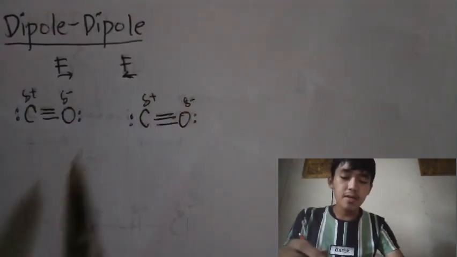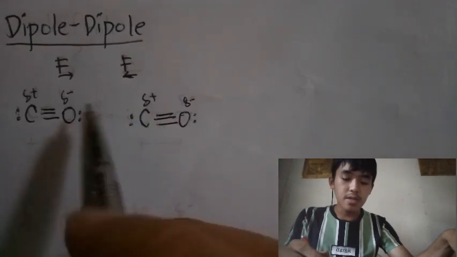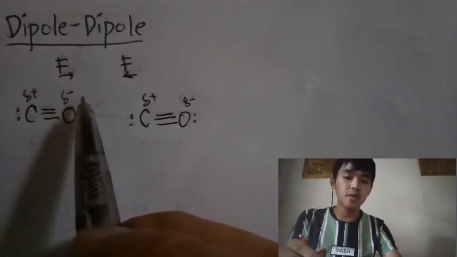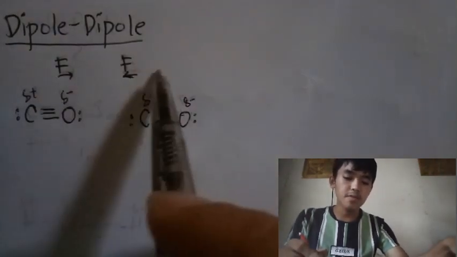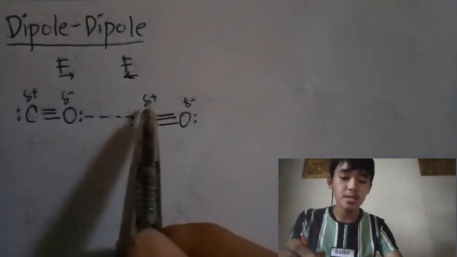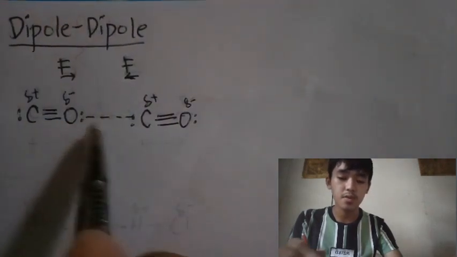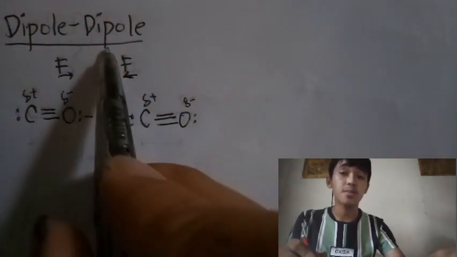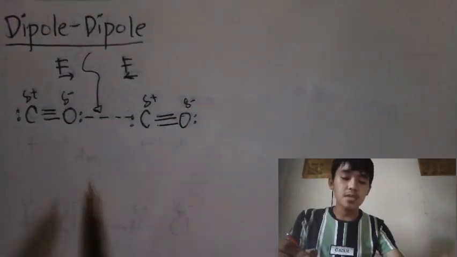So again, by using the electrostatic force, this partial negative charge of oxygen will be attracted to the partial positive charge of carbon, and the interaction that occurs between these two dipole molecules is what we call the dipole-dipole interaction.